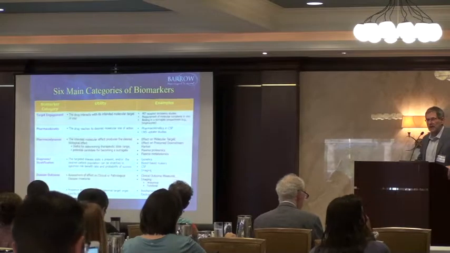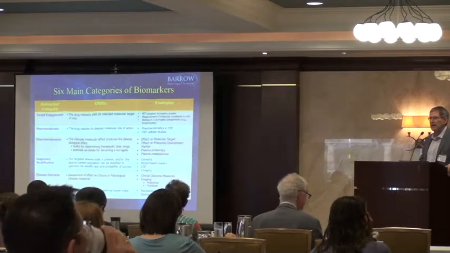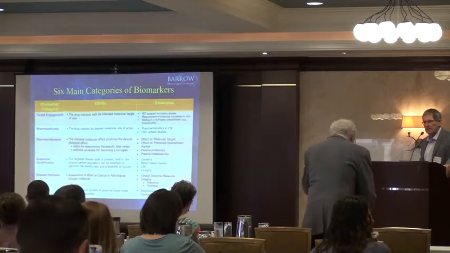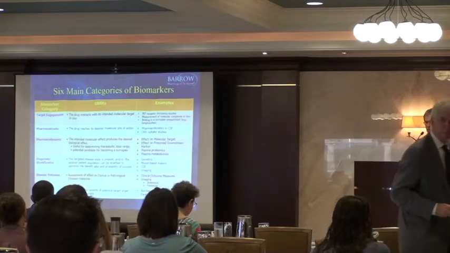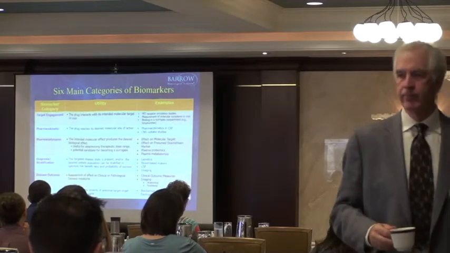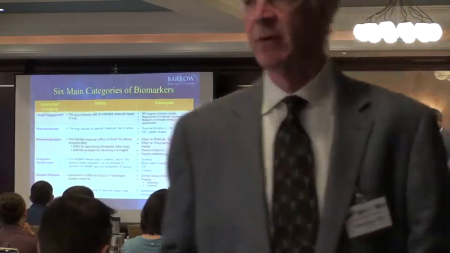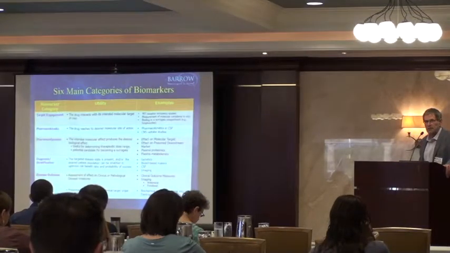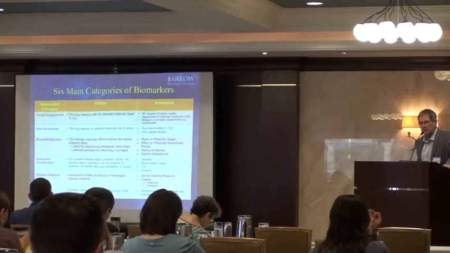Those diagnosis-related markers or stratification markers are important in clinical trials, obviously, to enroll the right population, to the extent that you can have a marker that distinguishes one patient with a disease from another in a way that's important with respect to the mechanisms of action of your drug.